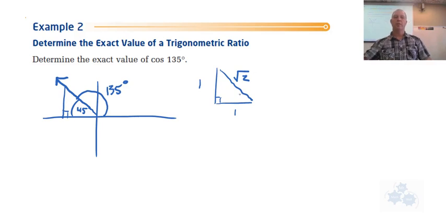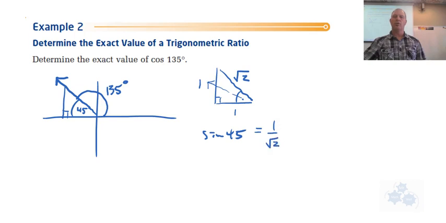1, 1, root 2. So remember, for any angle, you can look at the values for the reference angle, and they'll be related to the trig values for the larger angle. You just have to make sure the signs line up, the positive or negative. So if we take a look at 45, the sine of 45 here is what? Opposite over hypotenuse.